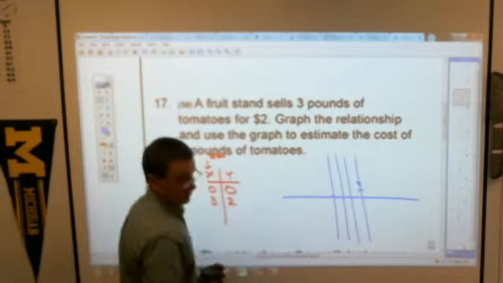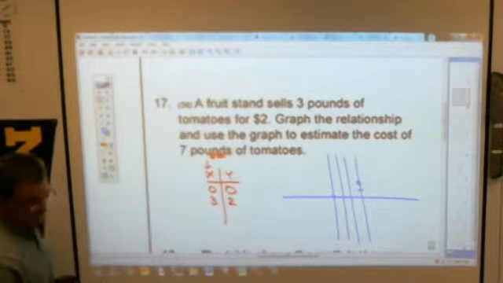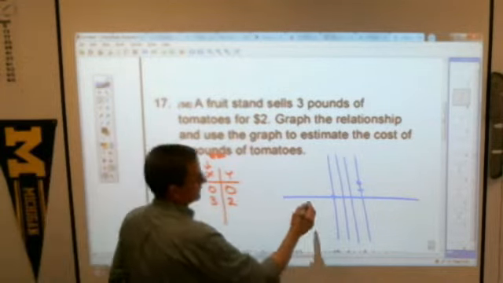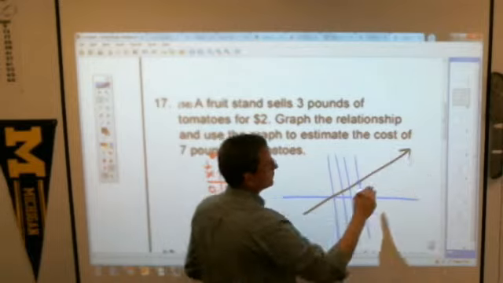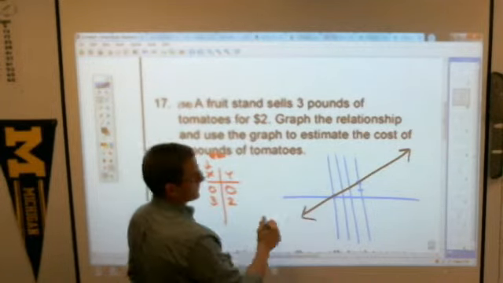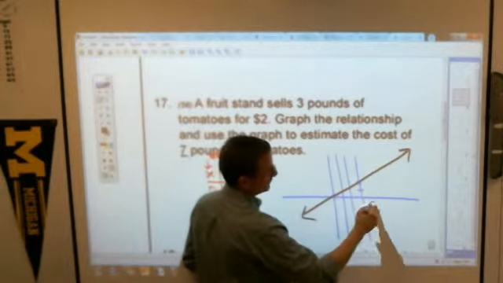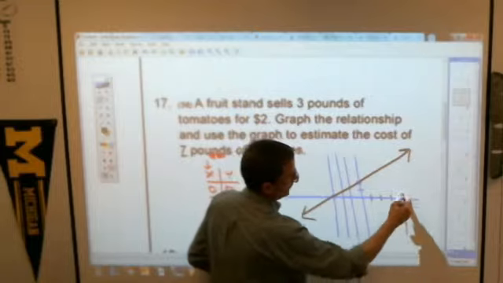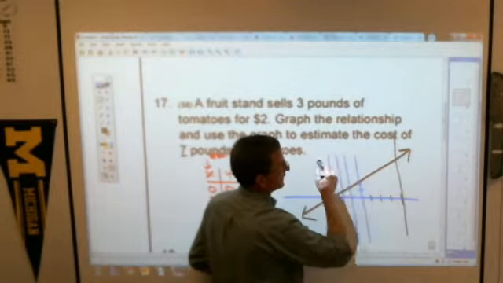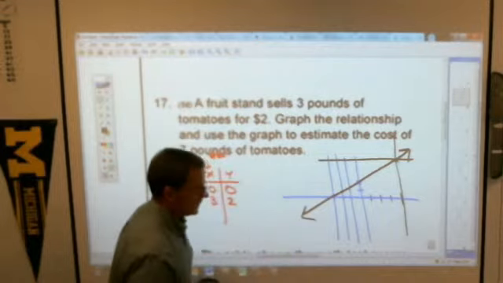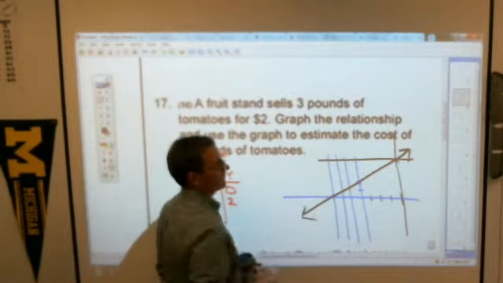Now, this is where you're going to need to do it with a ruler on a real grid, because you're going to connect the dots. And it said estimate the cost of 7. So 1, 2, 3, 4, 5, 6, 7. You have to figure out where this line crosses right here. If you did it out, it crossed somewhere between $4 and $5.